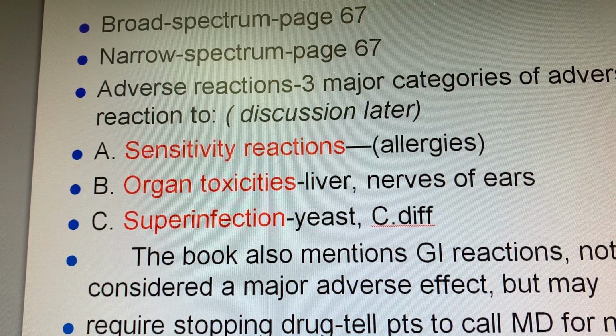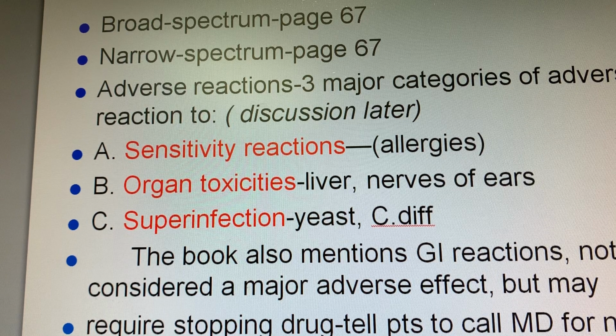Organ toxicities, so this is damage to various parts of the body. Those can be liver, kidneys, nerves in the ears, nerves in the extremities, but high doses of antibiotic used over a long period of time can cause some real problems, and so that all falls under the heading of organ toxicities.